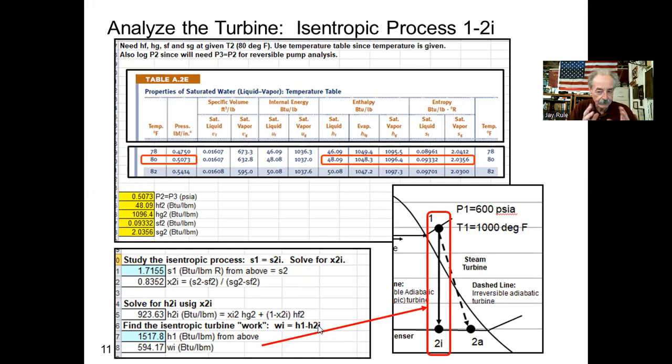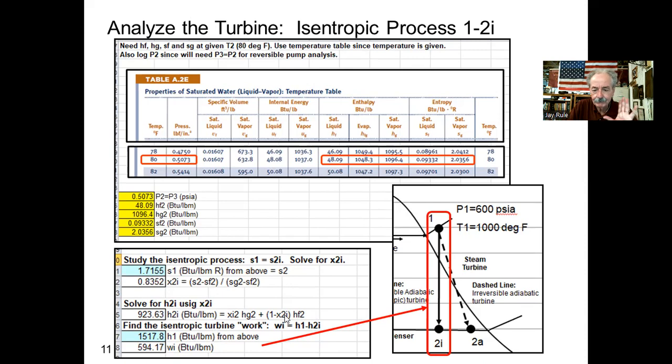I'm going to trust that you can go back and derive this from the basic statement of the first law, open system, steady state, steady flow. Don't just use this as a given formula. It's a statement of the first law. So we just found W isentropic, 594.17 BTUs per pound.